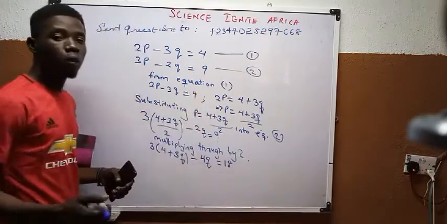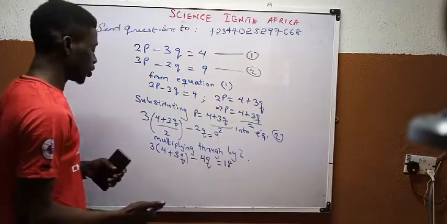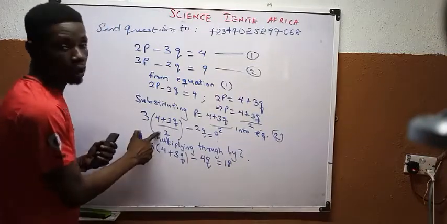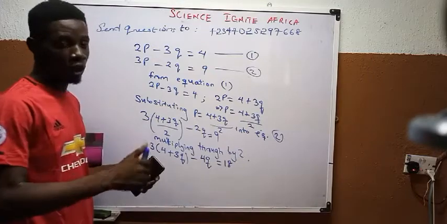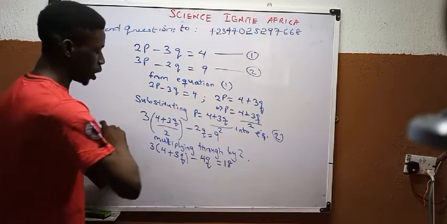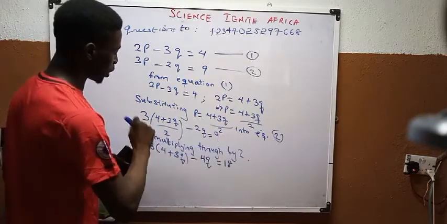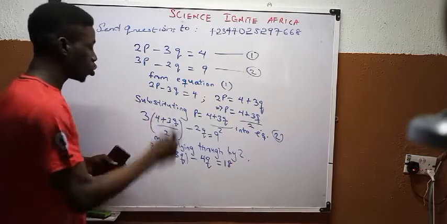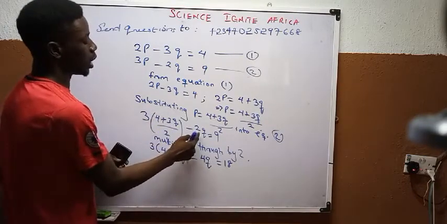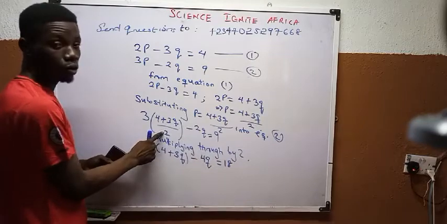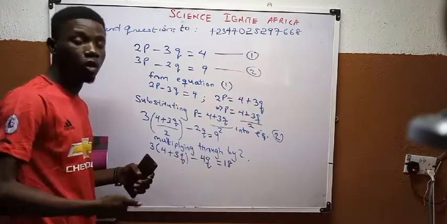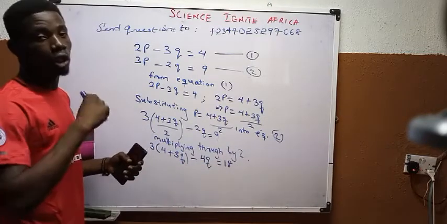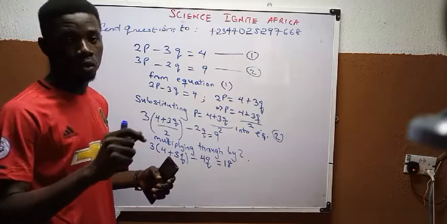Now, why did I multiply by 2? The reason is because we have a 2 at the denominator here, and I don't want anything to be in fraction form. I want everything to be in whole number form. So if we have, let's say, 2q over 3 here, and there's 2 here as well, we just find the LCM of all the numbers at the denominator, then we use that LCM to multiply the equation.